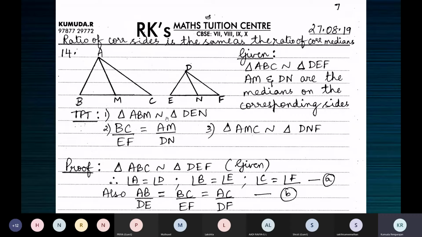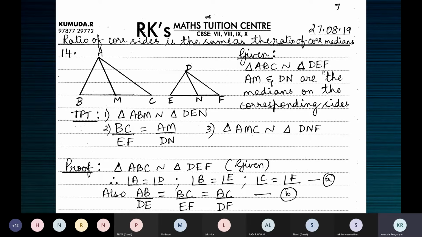Like here you can see triangle ABM similar to triangle DEN. Or let's take up this given here. Triangle ABC is similar to triangle DEF is given to us.